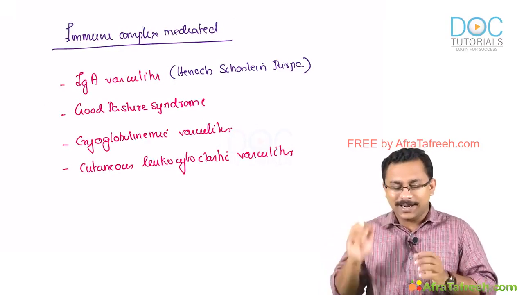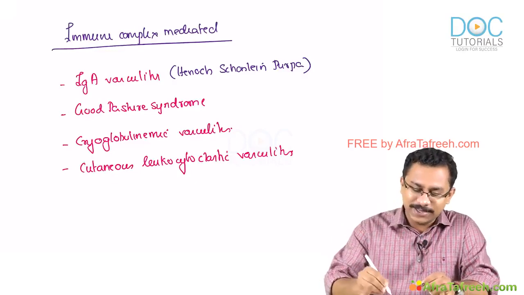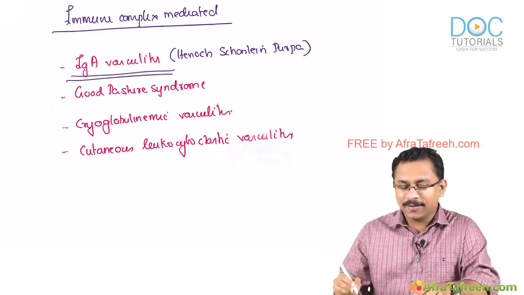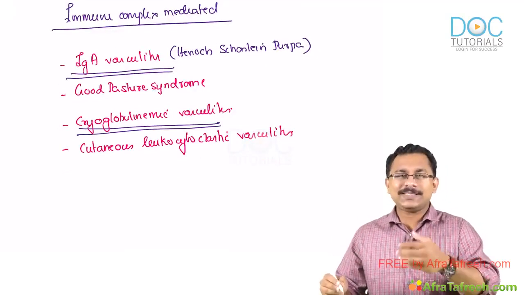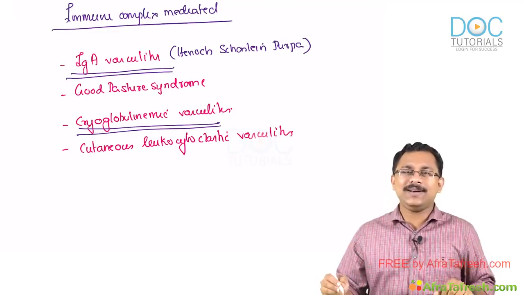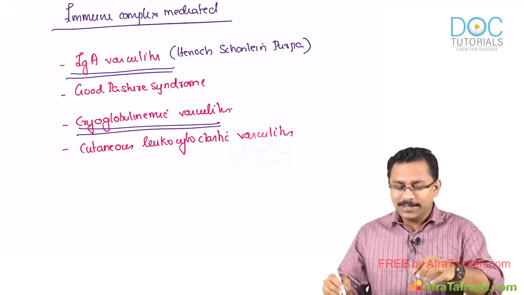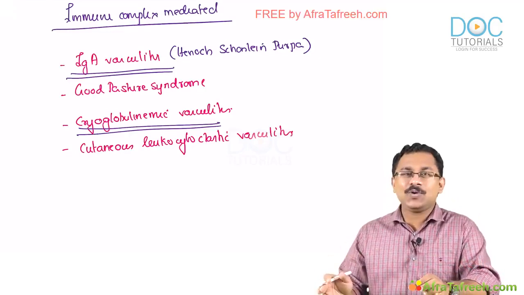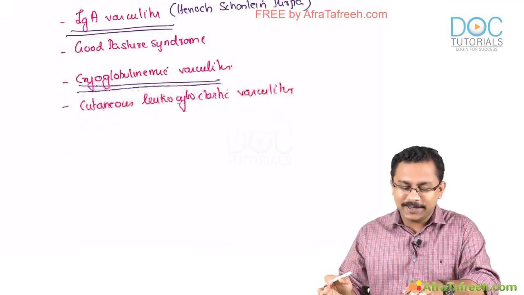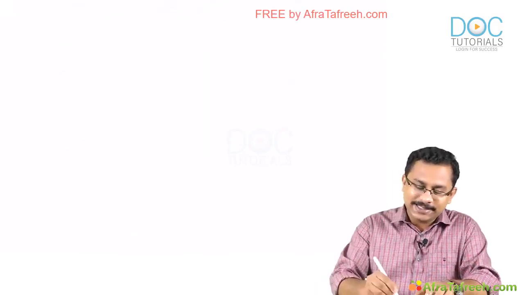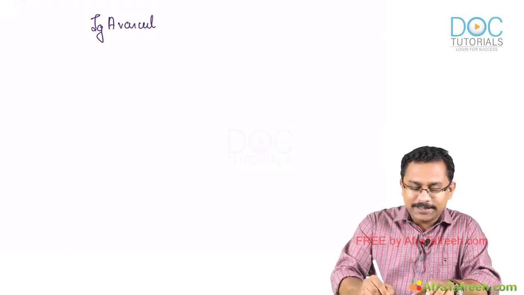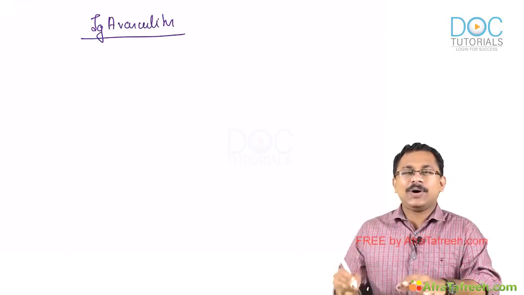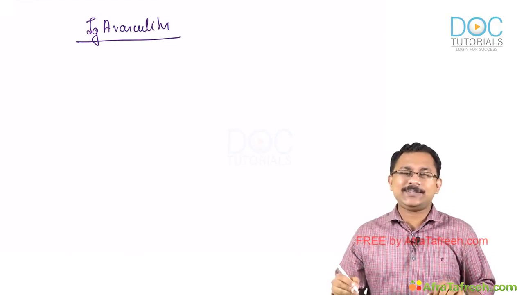So we'll first start with IgA vasculitis, and after that we'll discuss cryoglobulinemic vasculitis as well. Goodpasture syndrome I have covered in the nephrology module. So let's see the immune complex mediated vasculitis, the first one being IgA vasculitis or HSP.